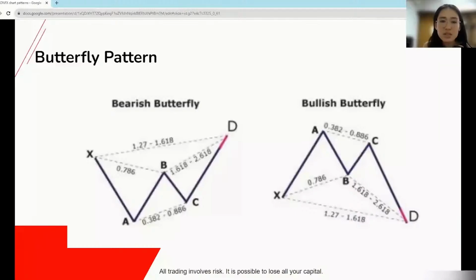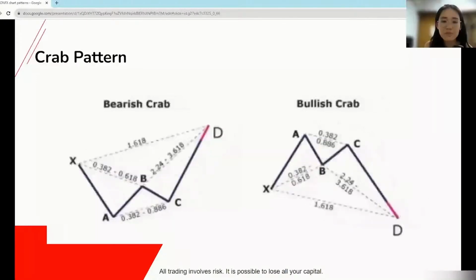Okay, but I think the most important ones are the ones that I talked about at the start. These are just more for your knowledge. Okay, so point C retraces anywhere between 38.2 to 88.6, as you can see here, of the corrective leg AB. Okay, bullish would just be the opposite of that.